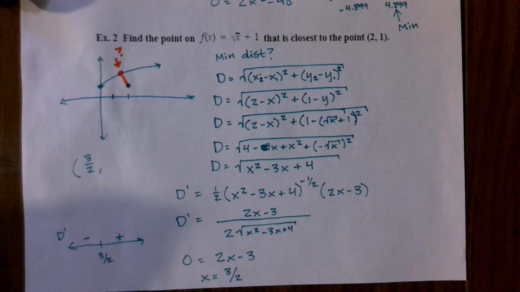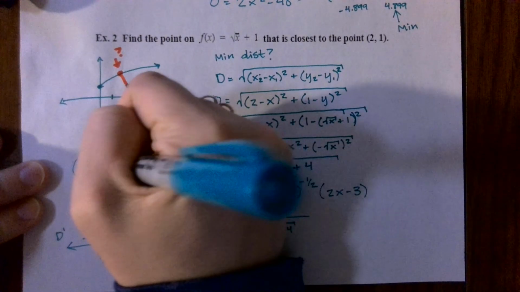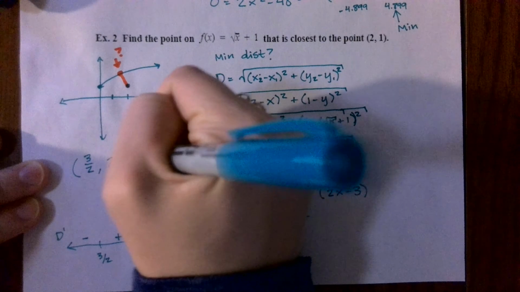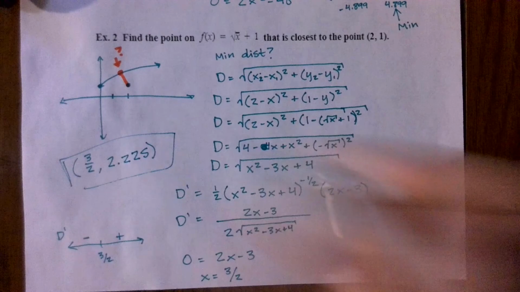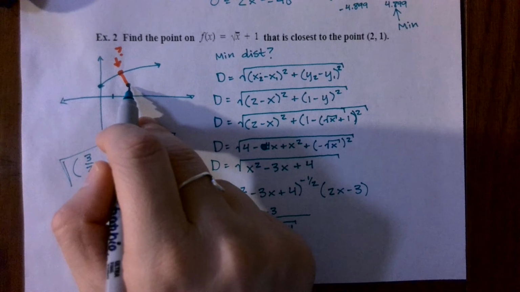We would just say square root of 3/2 plus 1, whatever that is. Square root of 1.5. That's better. We get about 2.225. So this is the point that is closest to the point (2, 1).